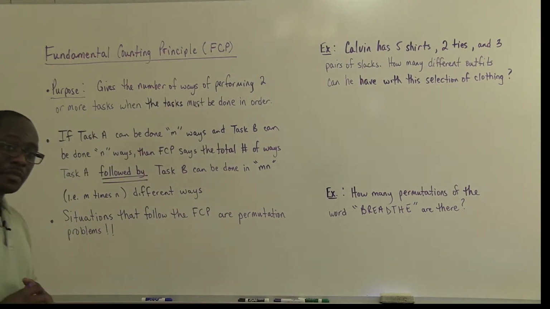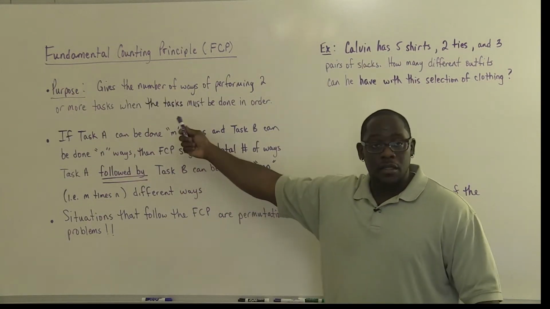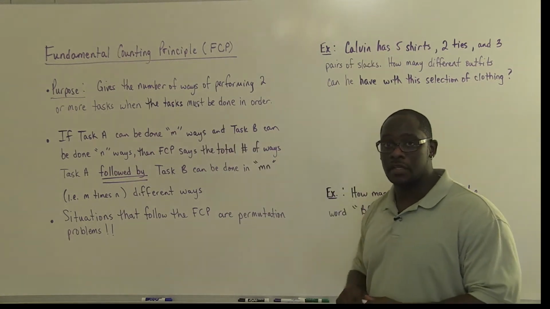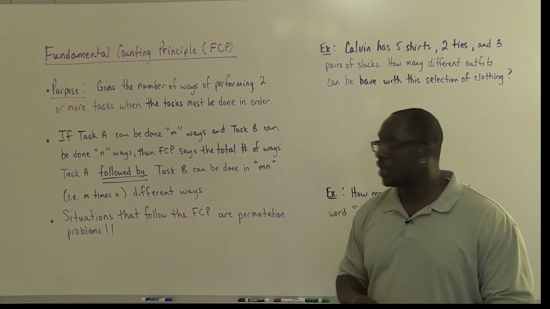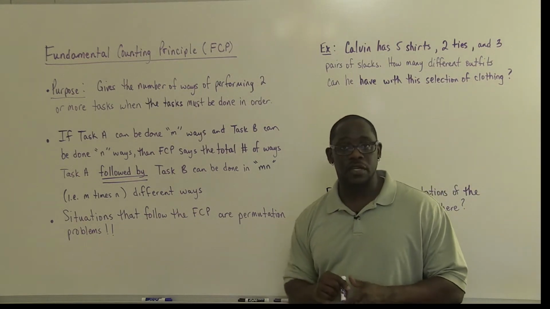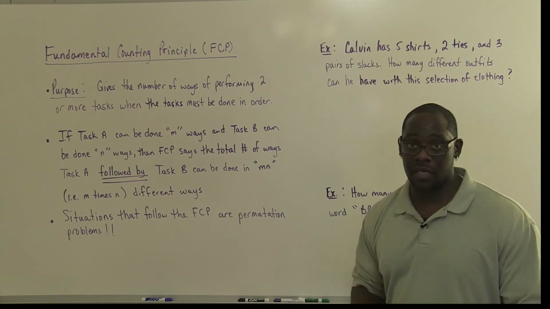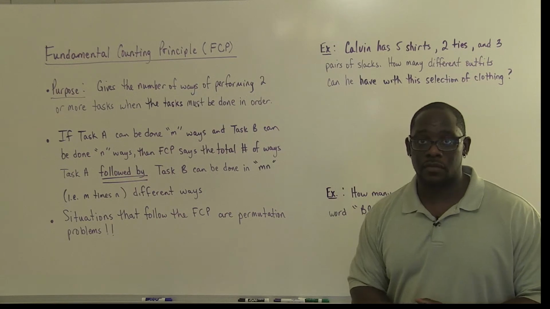So assuming that to be true here, we'll see that if task A can be done M different ways, and then task B can be done N different ways, then the fundamental counting principle says that we can do task A followed by task B, M times N different ways, okay?